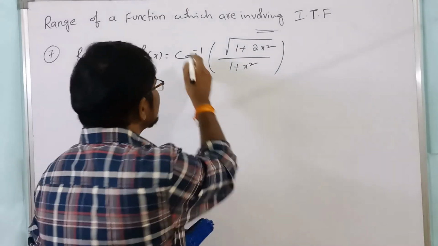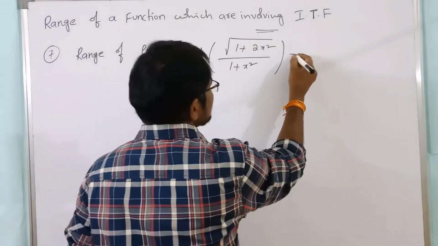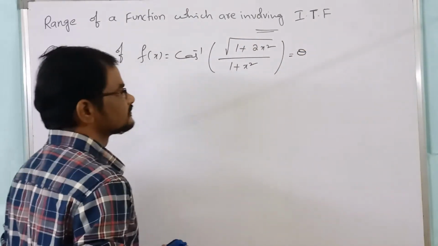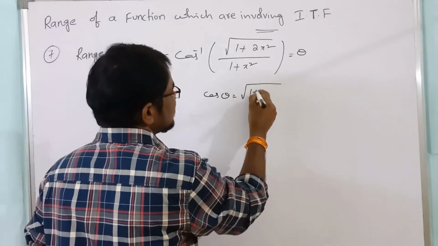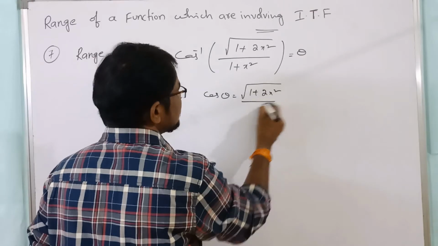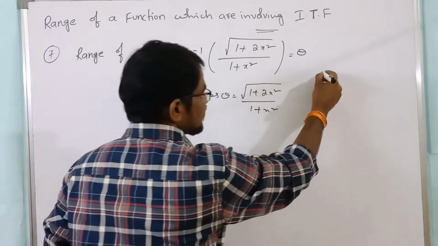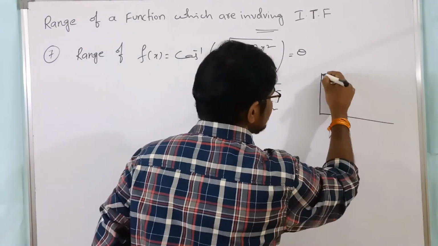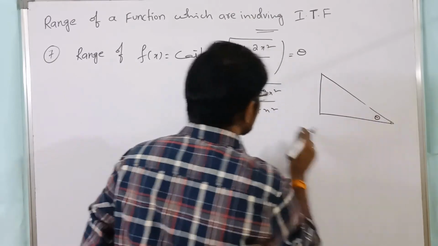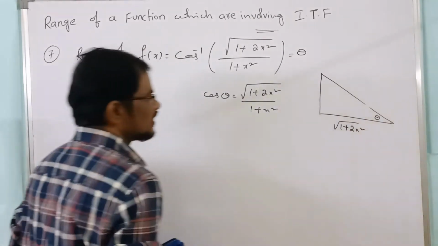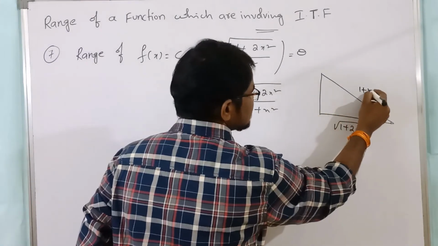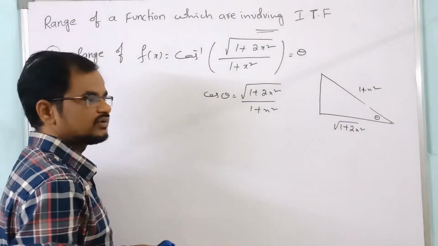So that's why I will take this cos inverse of this one equal to theta. Now cos theta equals root of 1 plus 2x square divided by 1 plus x square. Now this is theta, the adjacent side is root of 1 plus 2x square and the hypotenuse is 1 plus x square. The opposite side we have to find.